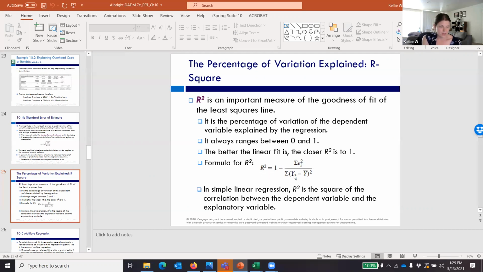The equation's here, but just know in simple linear regression, R-squared is the square of the correlation between the dependent and the explanatory variable. That correlation could be anywhere between -1 and 1, so we square it so that we always get a positive value between 0 and 1. When we go into multiple regression, the math gets a little more complicated, but for simple regression, it's just the square of the correlation.